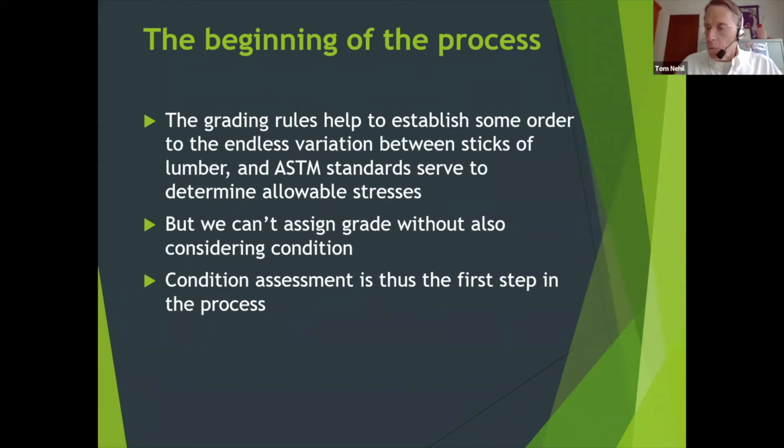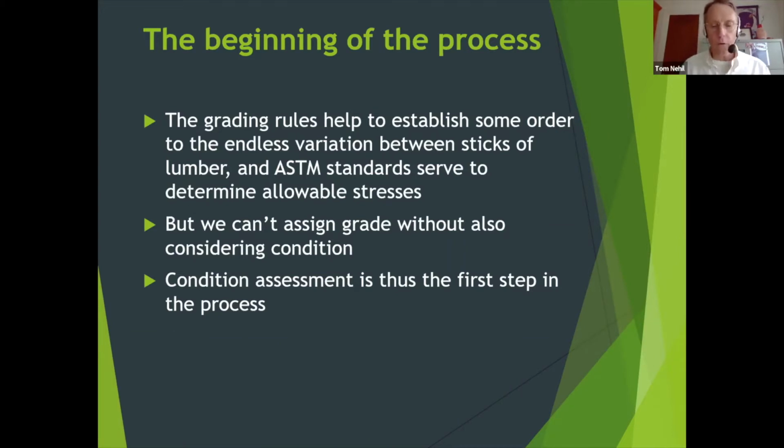So those numbers are provided to the AWC to put in the book by the rules writing agencies, the grading agencies, and those folks have done us all a service by creating some order in what would otherwise appear to be the chaos of lumber quality. And no two sticks are alike because they come from trees, and trees, no two of them are alike.